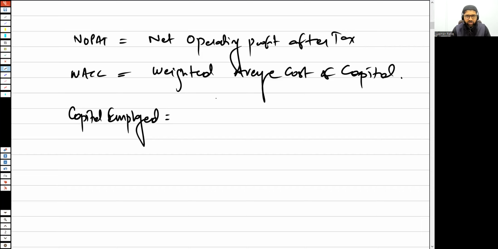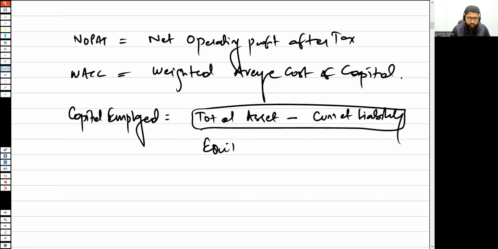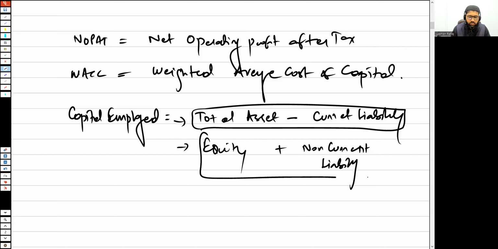Generally, capital employed is total assets minus current liability. That's one of the ways. Or you could say it is equity plus non-current liability.